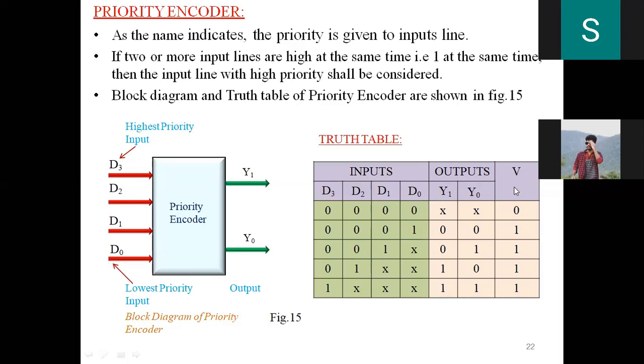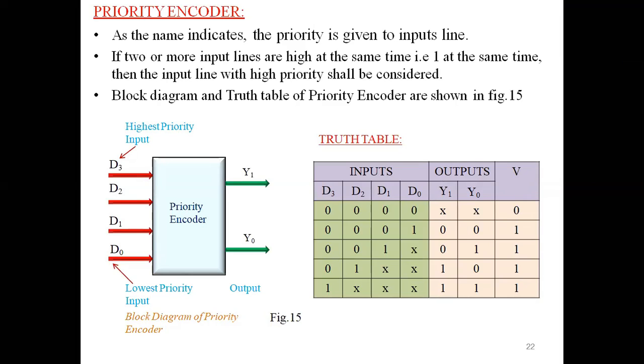And also here, V indicates the valid bit indicator. When the value of V becomes 1, it means at least one input or more than one input is 1, so the output of the valid bit indicator is 1.